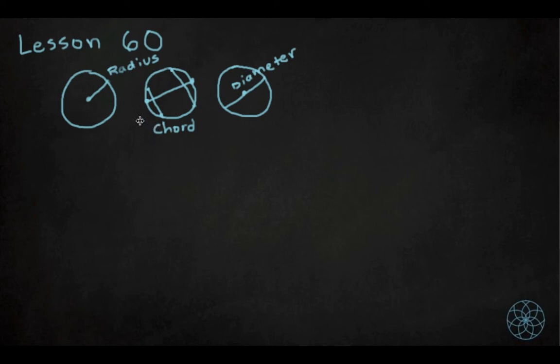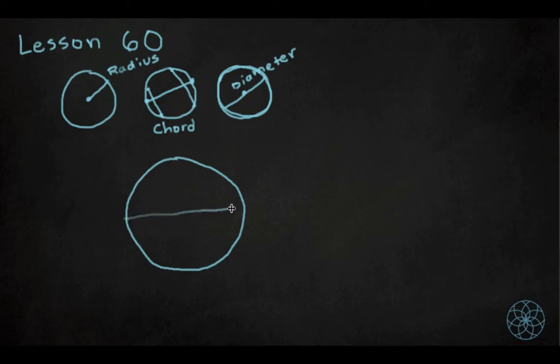Now, one last word that you need to be aware of is circumference. Circumference is the border of the circle. And now, people have been studying circles for a long time. Let me see if I can draw a big circle. And it turns out that a diameter, so this length right here, pretend this is a wheel and this is a piece of string.